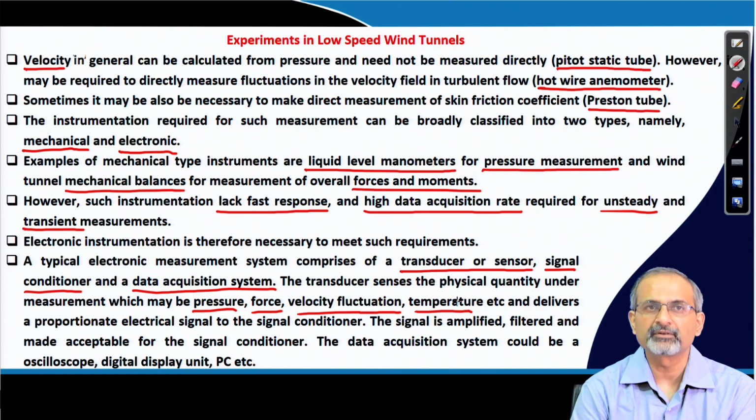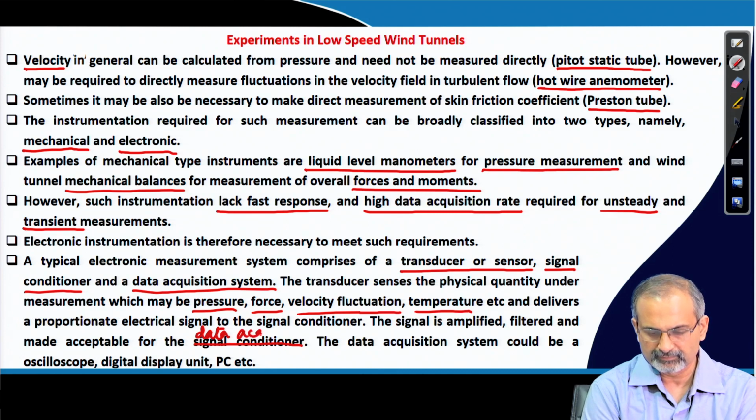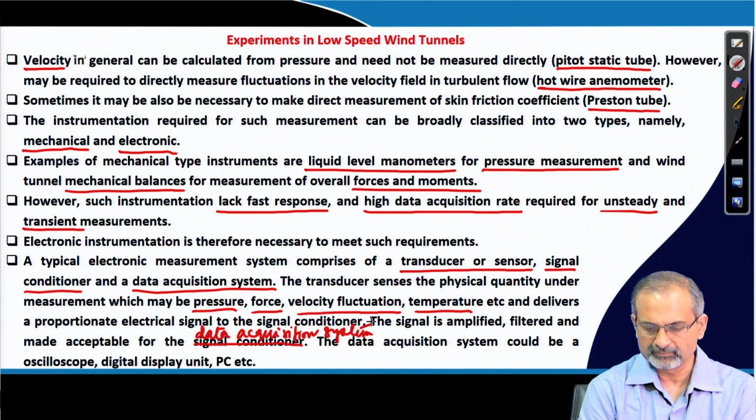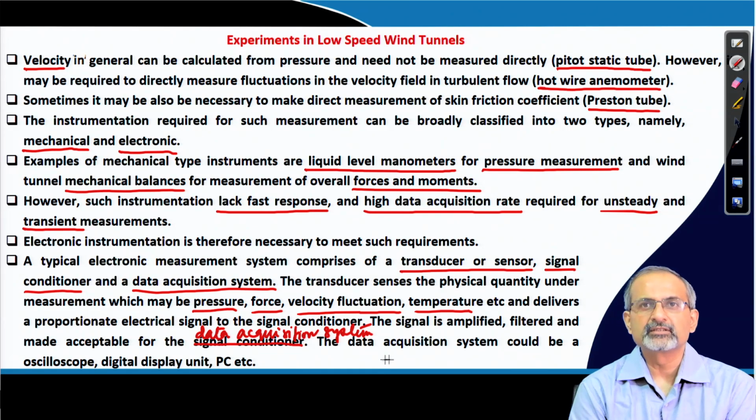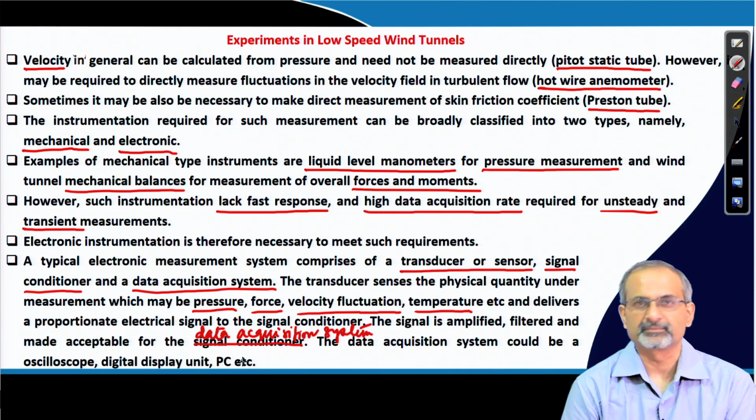The signal is amplified, filtered, and then made acceptable for the data acquisition system. The data acquisition system could be an oscilloscope, digital display unit, PC, etc.